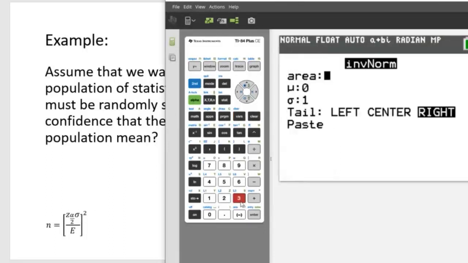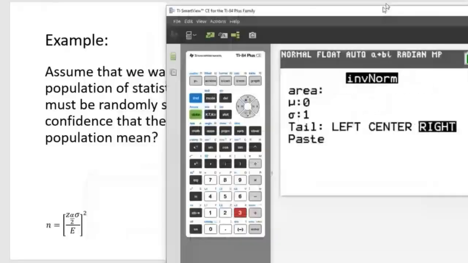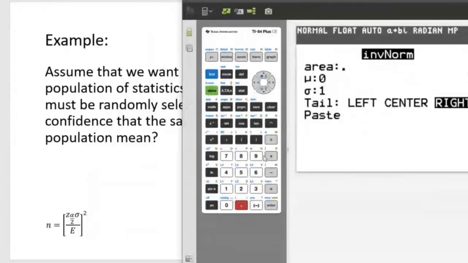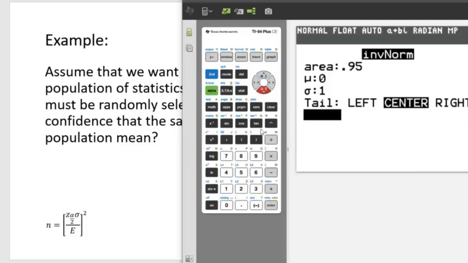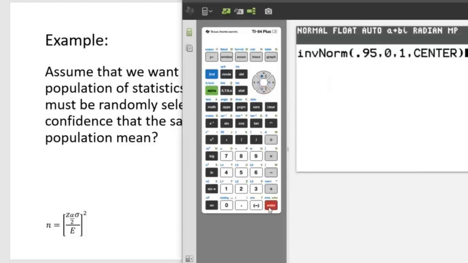I need to do inverse norm this time. Since this one doesn't just come from the left, I can choose the center and say it's 95%, and then say I am looking for the center area. And I get my 2 Z-scores.